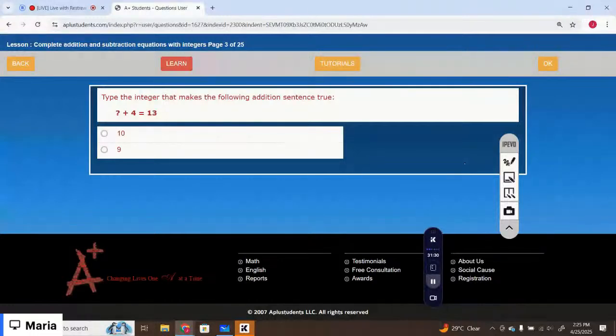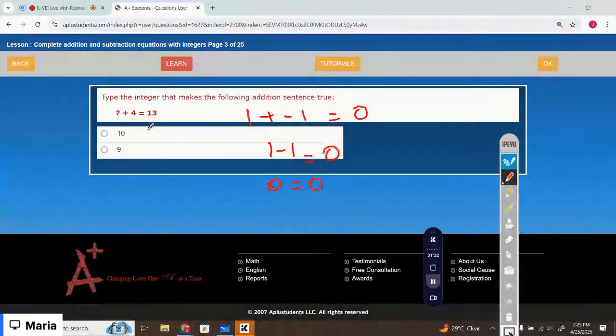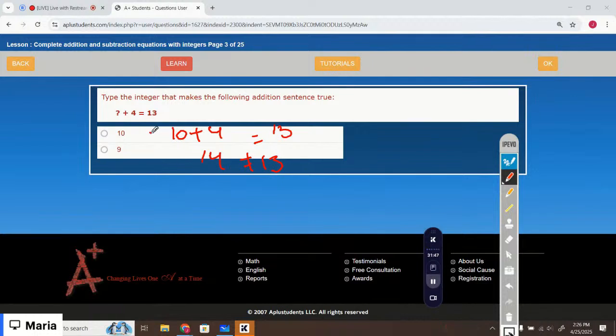Type the integer that makes the following addition sentence true. The missing number plus 4 equals 13. We have two numbers. Start with the first one. 10 plus 4 is 14. 14 is not equal to 13. So option number 1 is not the correct option. Check with the second option.